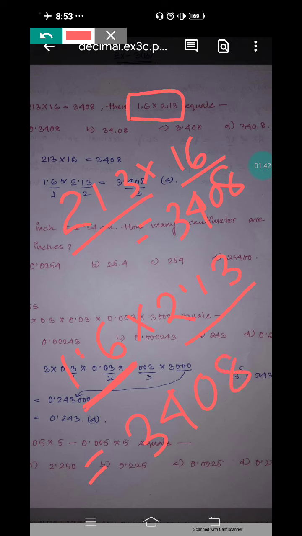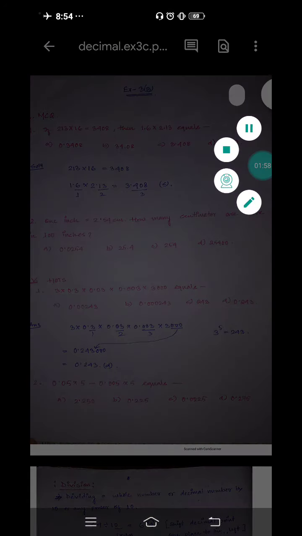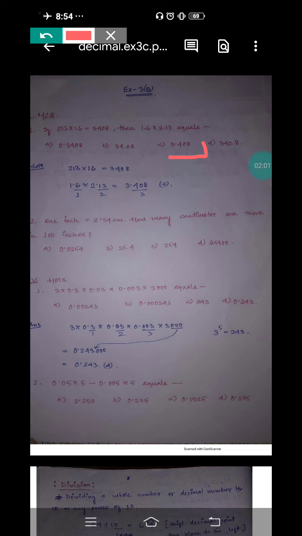Since these two numbers are decimals, what will be the answer? Here 1 decimal place, here 2 decimal places, so 1 plus 2 is 3, so the answer will have 3 decimal places. That means 3.408 will be your answer. So check the options: 3.408, that means option C is correct.